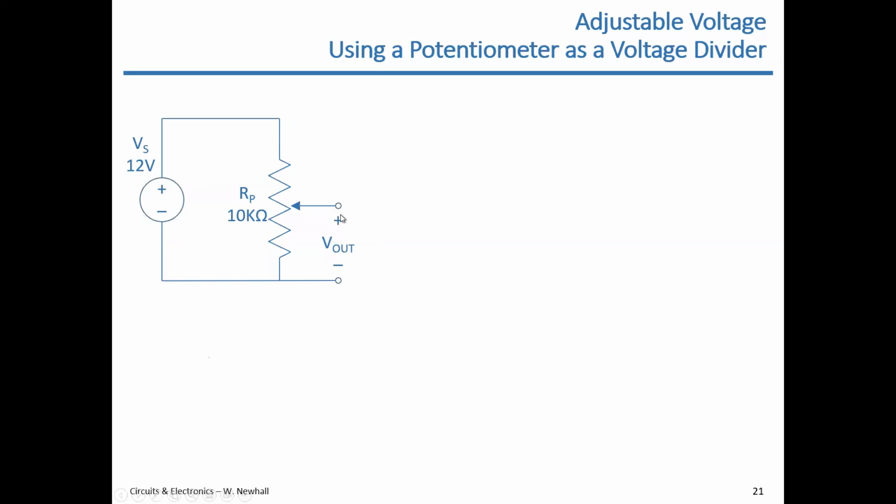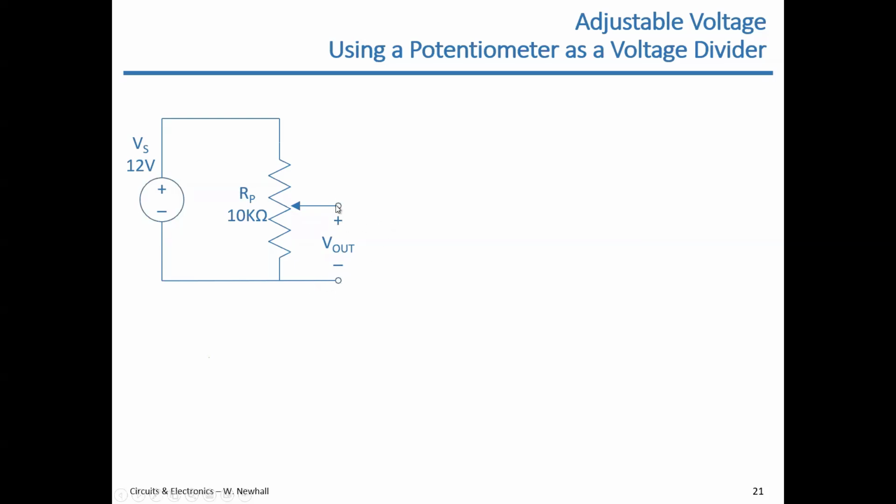Now, I'm also assuming I'm not connecting anything to the right of these two terminals where I've specified V out. Because as soon as I connect something, if I connect another resistor there, then it's not just a voltage divider created between these two equivalent resistors of the potentiometer. I have to take into account what I connect to the output.